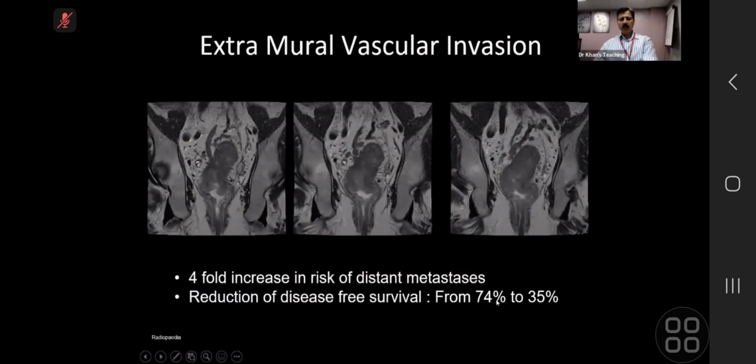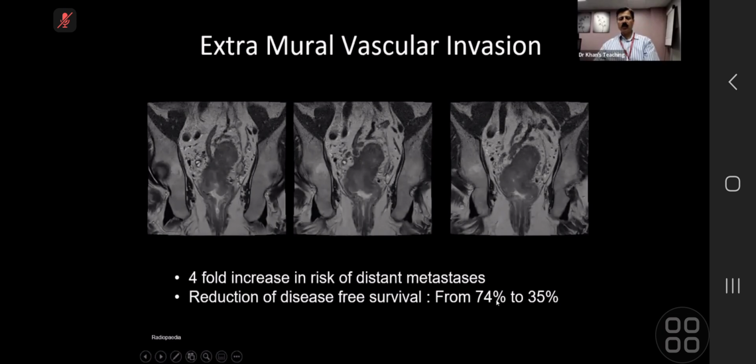Another thing which in your report you have to pick up is what we call extramural vascular invasion. So what happens is that the tumor has gone into veins within the mesorectal fat.